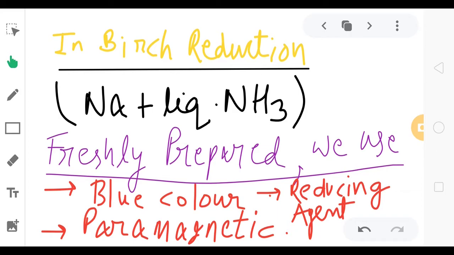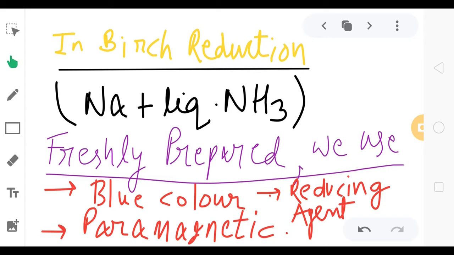In entrance examinations, questions have been asked about the reagent, so let's talk a little about it. The reagent is blue in color if freshly prepared, but keeping it for a long time, it turns brown.